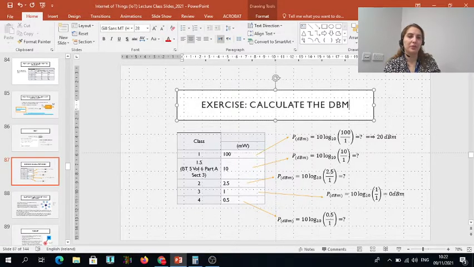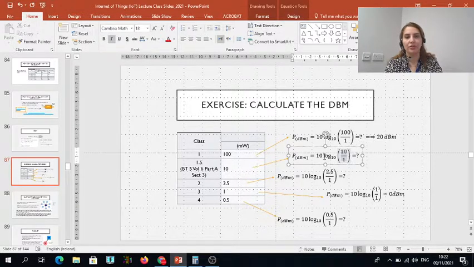Okay, I'm hoping that everyone managed to get correct answers. So I'm going to do it myself. The next power is 10 milliwatt. So I'm going to put 10 in my logarithm.